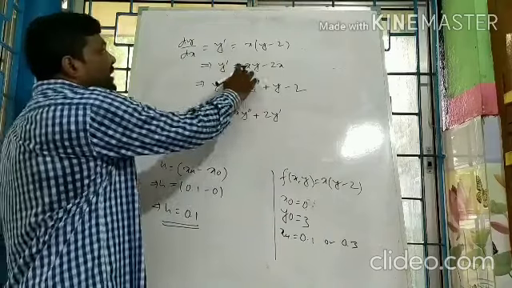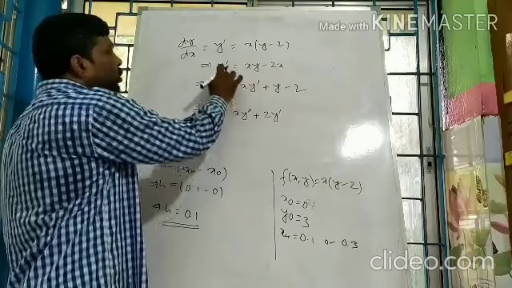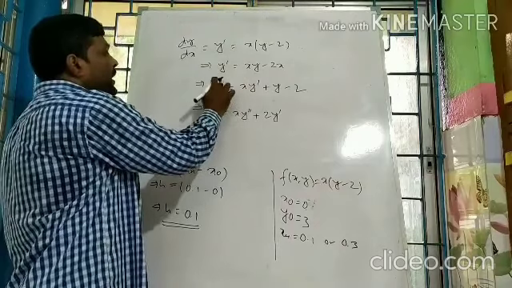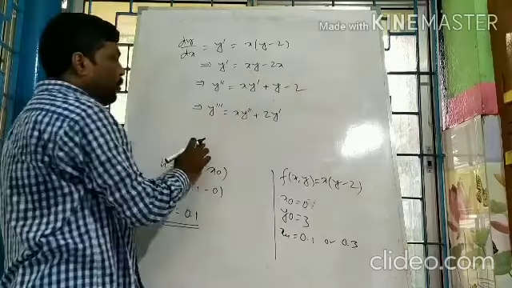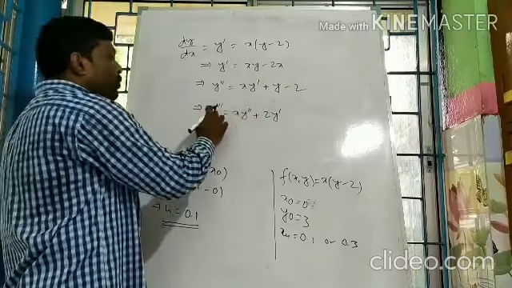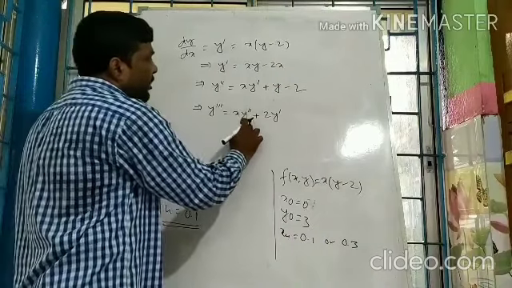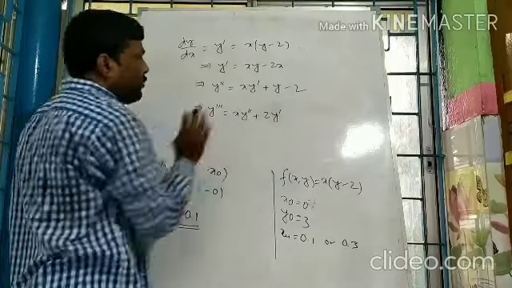y' is x y minus 2x. So we differentiate both sides with respect to x. So y'', that is d2y/dx2, equals x y' plus y minus 2. Next, differentiate with respect to x once more. So y''' is x y'' plus y' plus y', so it is x y'' plus 2y'.